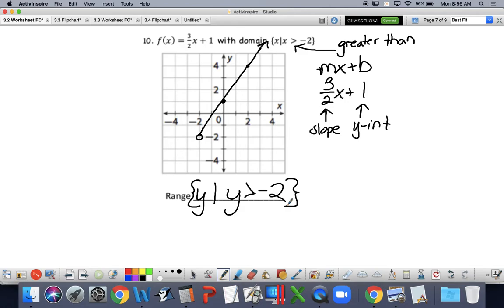You can either write it this way, or you can do the whole -2 up to positive infinity, whichever makes the most sense to you. So that's totally fine, but it's going to be wrong on the test.